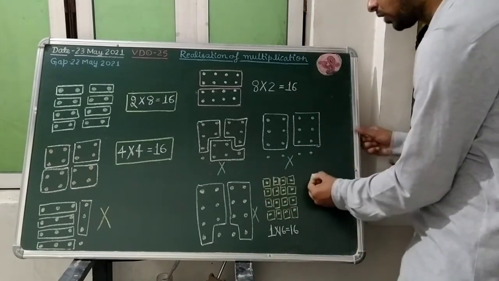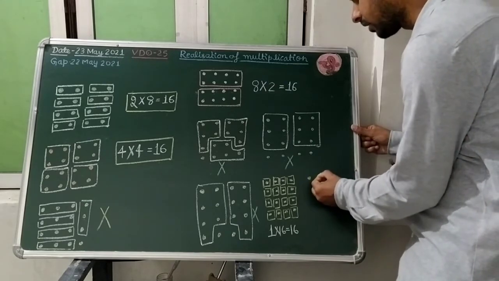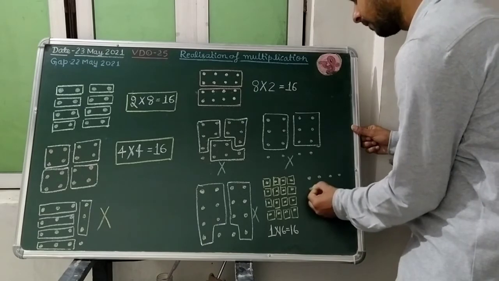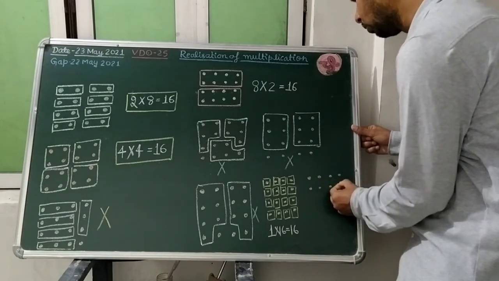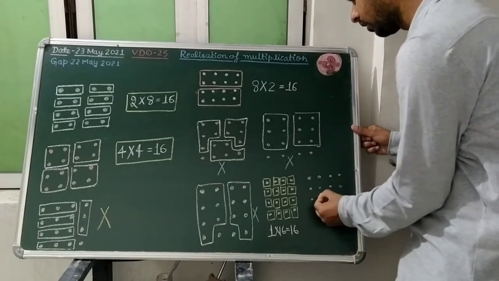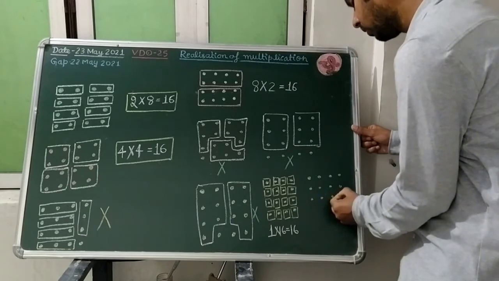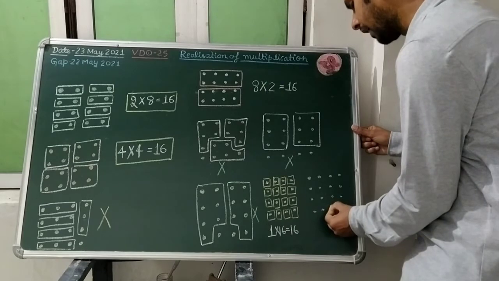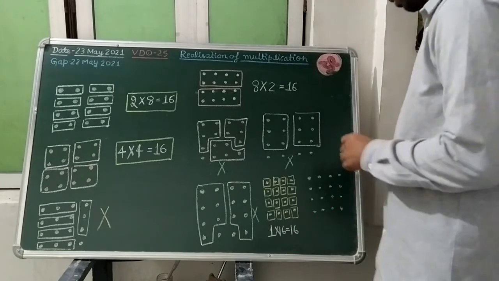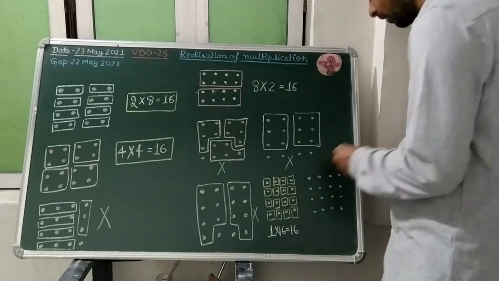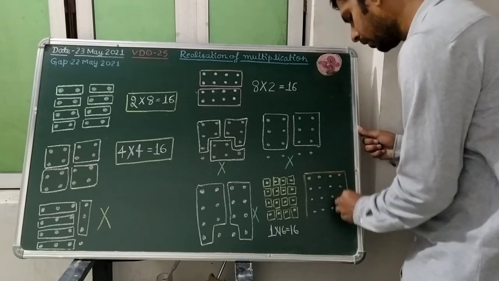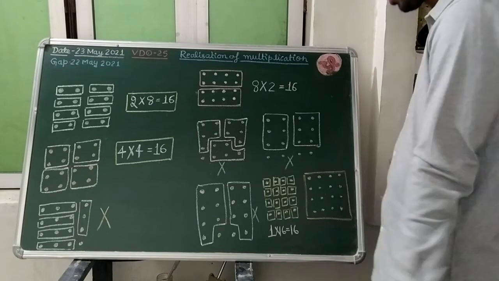And of course, can we talk about a group of 16 dots? Yes. If you want to group these 16 dots together, how many groups will you find, students? All the 16 dots together, so we can group that and we will find one group here.